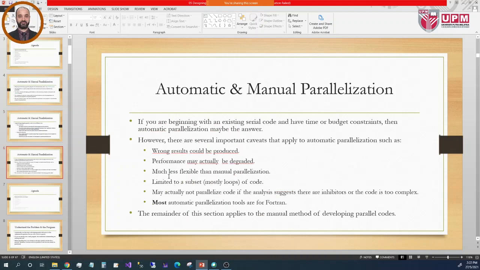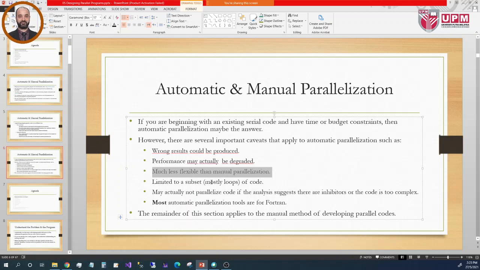Next, it is much less flexible than manual parallelization. When we use fully automatic parallelization, we don't have much to do. We cannot tell the automatic parallelization tool what to do; we only have some directives that we could use. We cannot fully control the process or how to parallelize.